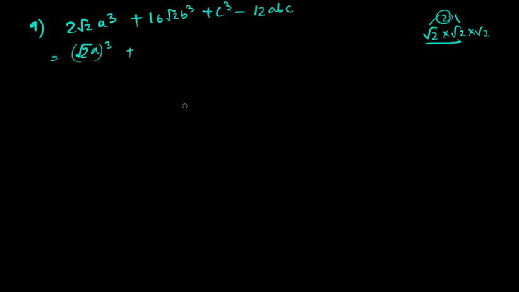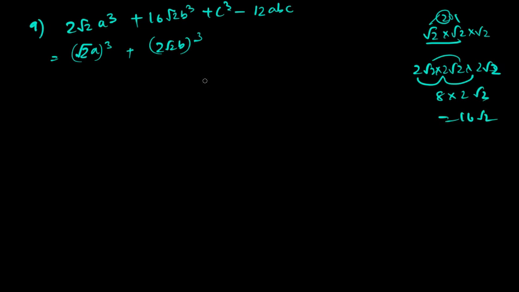Then 16 root 2 b cube can be written as 2 root 2b the whole cube. If I do 2 root 2 times 2 root 2 times 2 root 2, we can see 2 2 2, 8, root 2 into root 2 is 2, one other root 2 will be left, so 16 root 2. So it can be written as 2 root 2b cube.